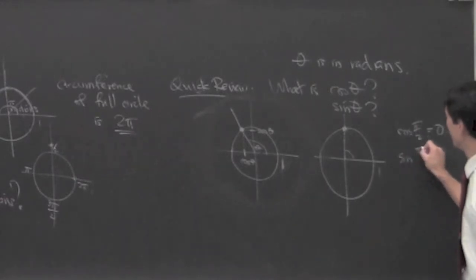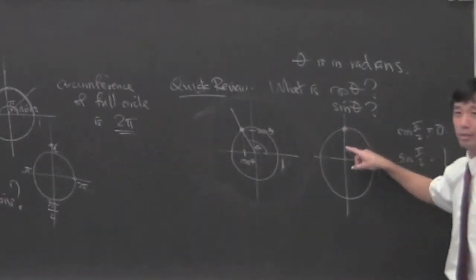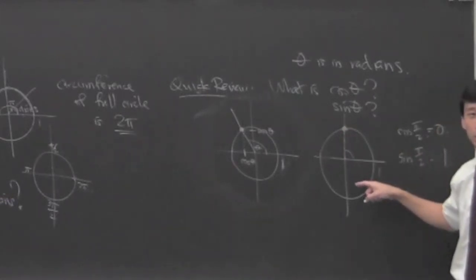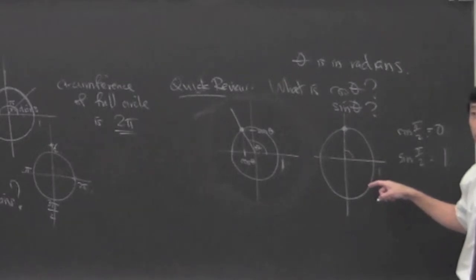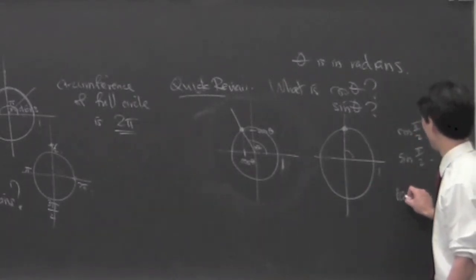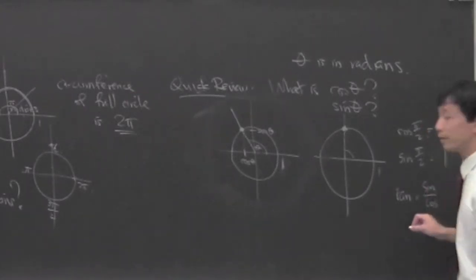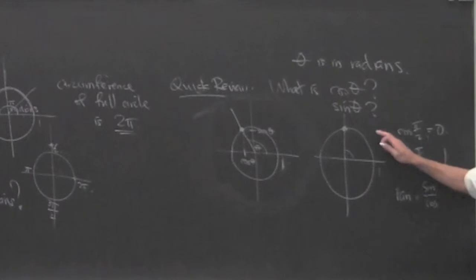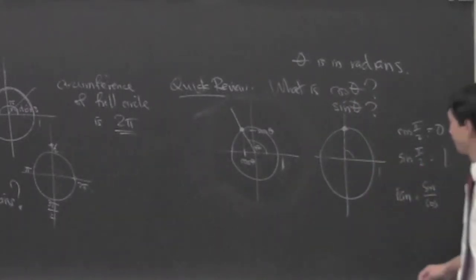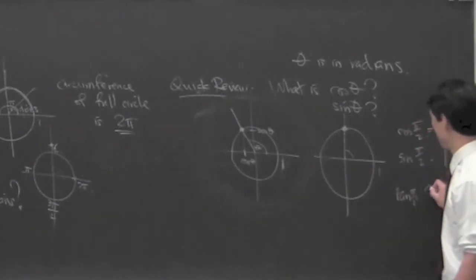Sine pi over 2 is 1, because it's the y-coordinate. What's tangent? Tangent is, of course, just sine over cosine. So for this one, the tangent is undefined. So tan pi over 2 actually is not defined.